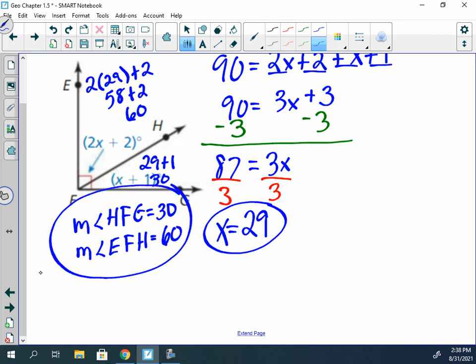Because this here is the measure of angle EFH. So we're talking about the measure of the angle. And we can put the little degree markers on there also. Any questions on this here?